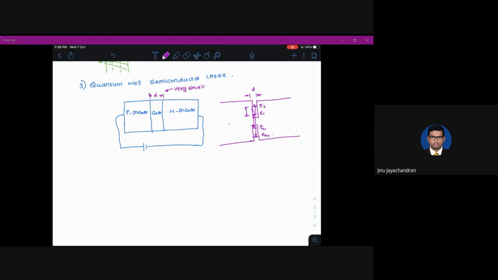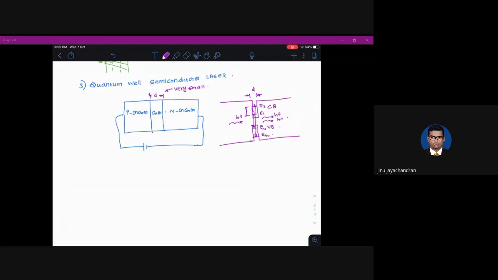So when you supply the photon for stimulated emission, the transition happening will be through the band gap, from the conduction band to the valence band, emitting highly directional photons. So this is called a quantum well semiconductor laser.